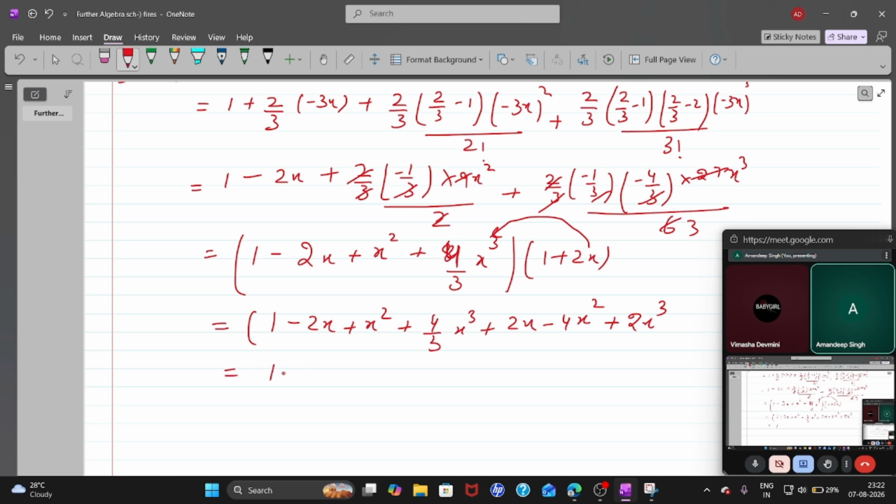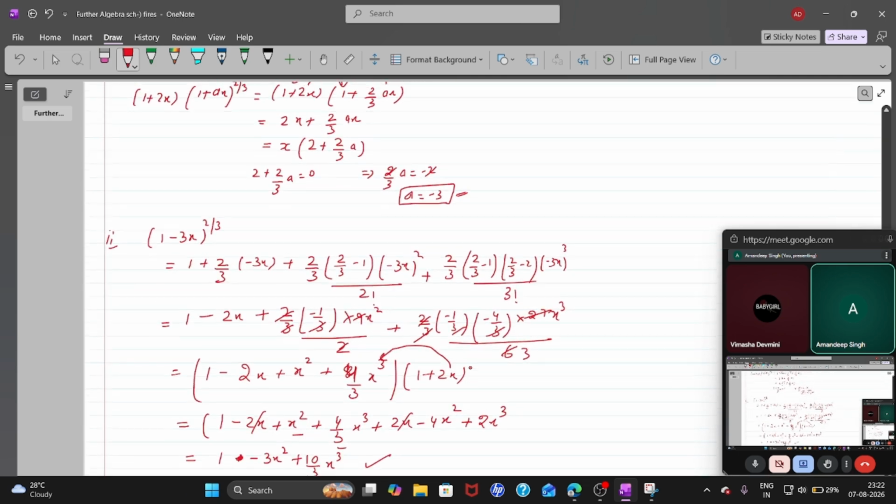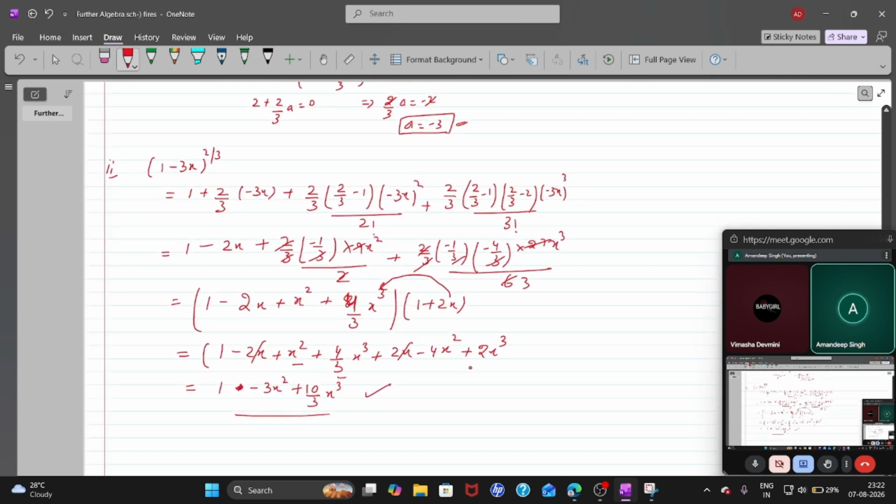So it is 1 minus 2x plus 2x will get cancelled, and x square minus 4x square is minus 3x square, and it is 10 by 3 x cube. So this is the possible answer. That's how you have to solve this question.